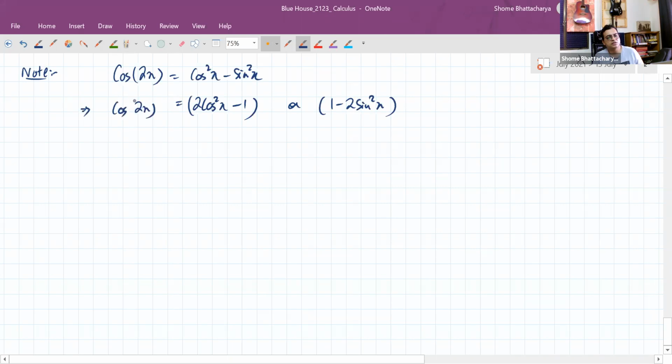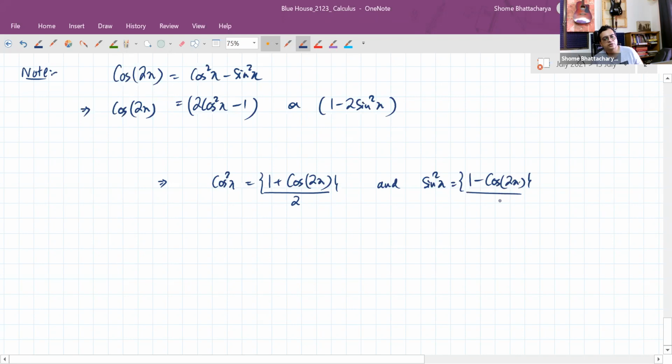So now if we reverse this identity, then we can also from this understand that cos square x can be written as 1 plus cos 2x, the whole thing divided by 2. And likewise, sine square x can be expressed as 1 minus cos 2x, the whole thing divided by 2.